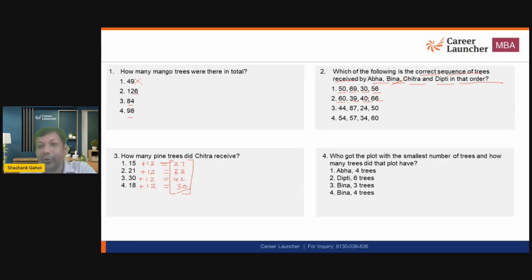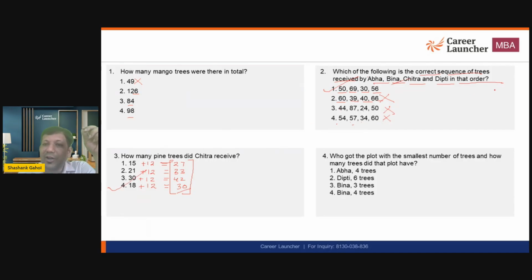Chitra cannot get 40 trees. So this option is rejected because that is not a possible number over here. 44, 87, 24, 50. Again, 24 is not a possible number because that does not match. 54, 57, 34, and 60. Again, that does not match, so rejected. So it means I got the answer to question number 2 as this. I got the answer to question number 3, that is this.